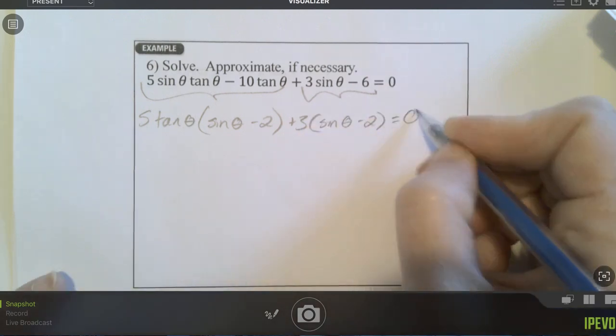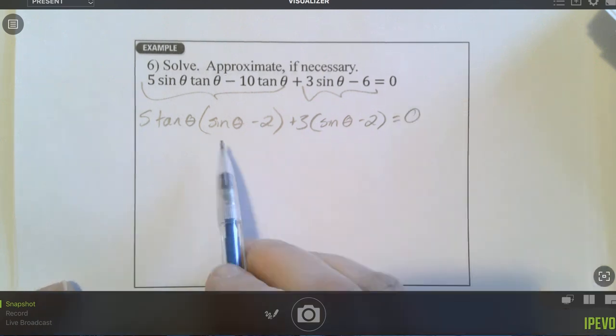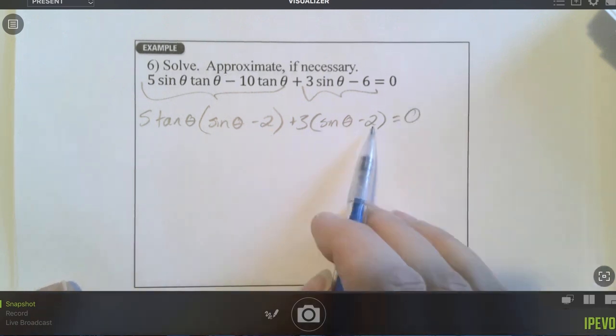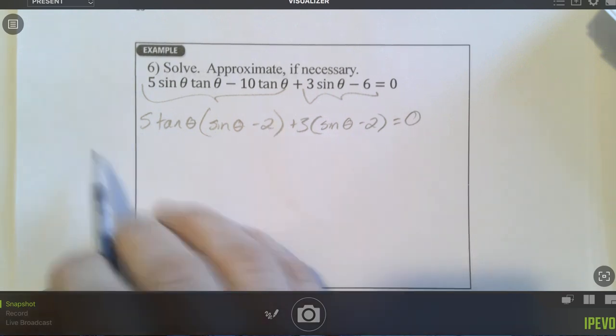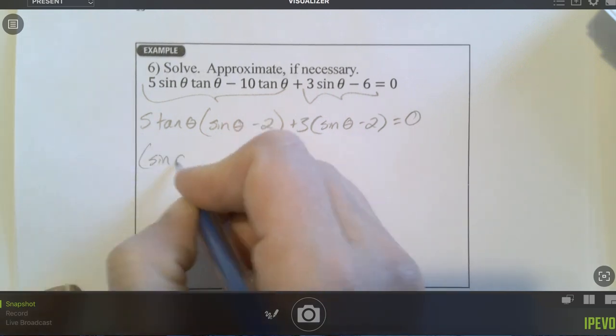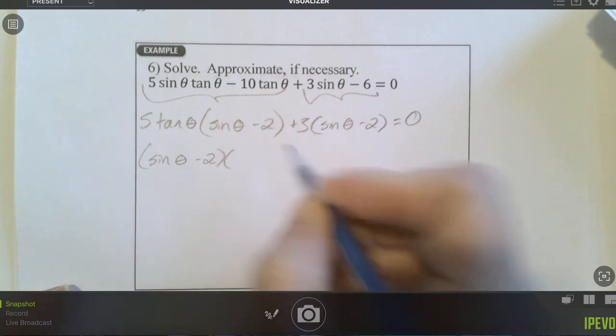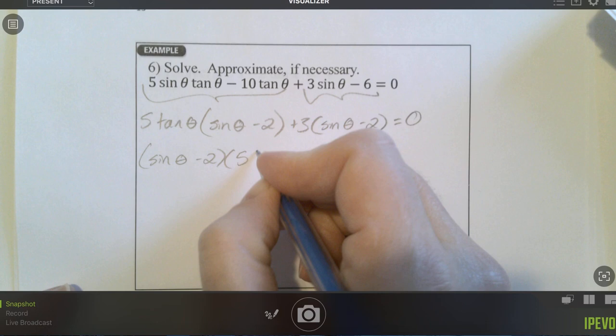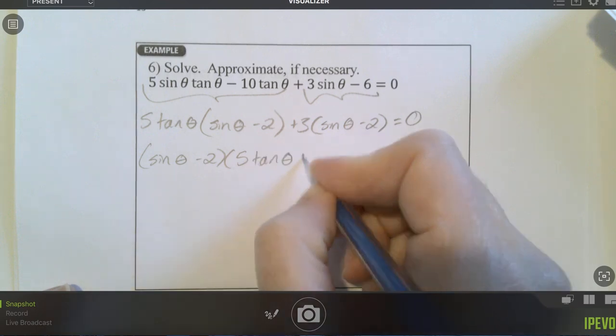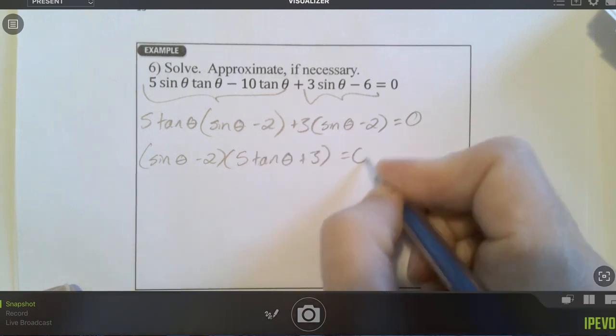If it's appropriate to factor by grouping, and if you did it correctly, then what you have left in these parentheses will be the same. And actually, that becomes one of your factors because you've taken that out. So let's write that again, sine theta minus 2. And then the stuff that's in the front here is what you would have remaining. So 5 tangent of theta plus 3, and of course that's equal to 0.